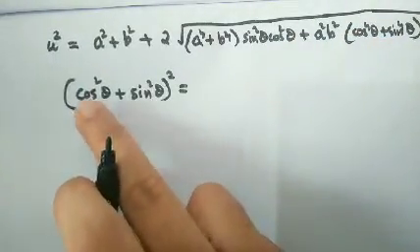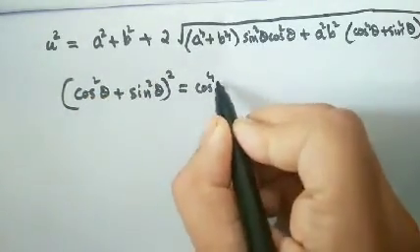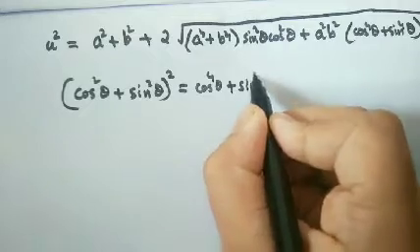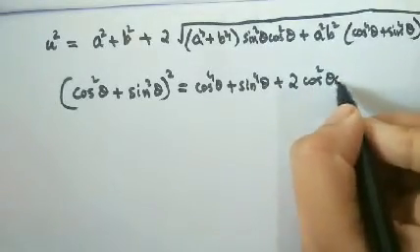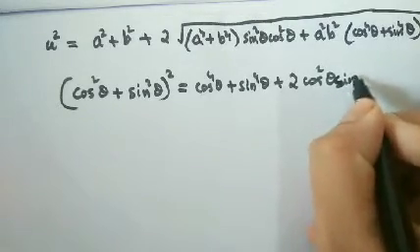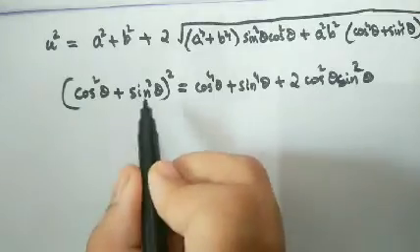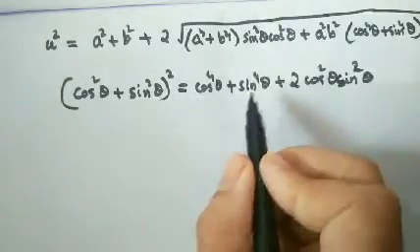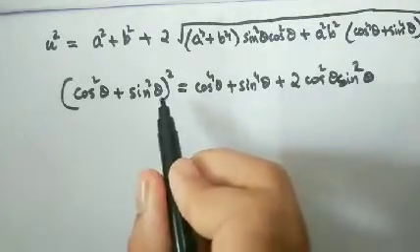I know that a plus b all square is a square plus b square plus 2ab, where a is cos square theta and b is sin square theta. So this is cos raised to 4 theta plus sin raised to 4 theta plus 2 cos square theta sin square theta.